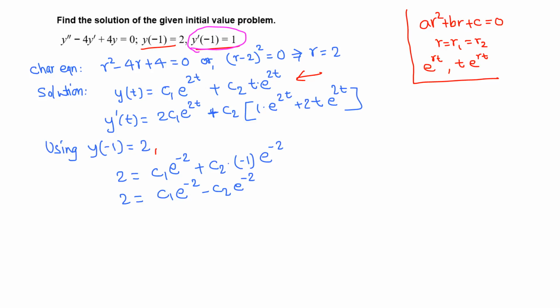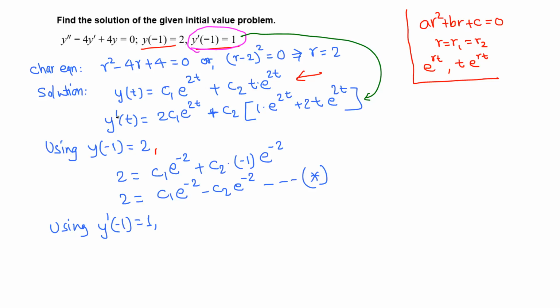Let's use the second initial condition, y prime at -1 equals 1, and we get another equation, so we have to solve this system for c1 and c2. So y prime is 1 when t is -1.